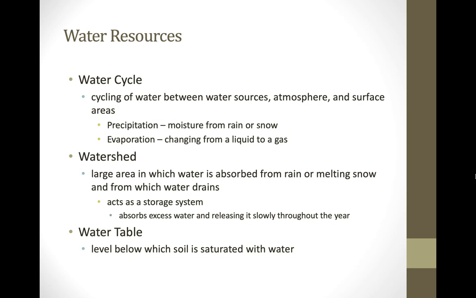The water table is the level below which the soil itself is going to be saturated with water. If you dig down deep enough, you're going to find water. Now, up in our part of the world, because we are on a little bit higher elevation up near the mountains, the water table is going to be high. And so it's going to take you quite a bit to be able to dig down to find water saturation in the soil.